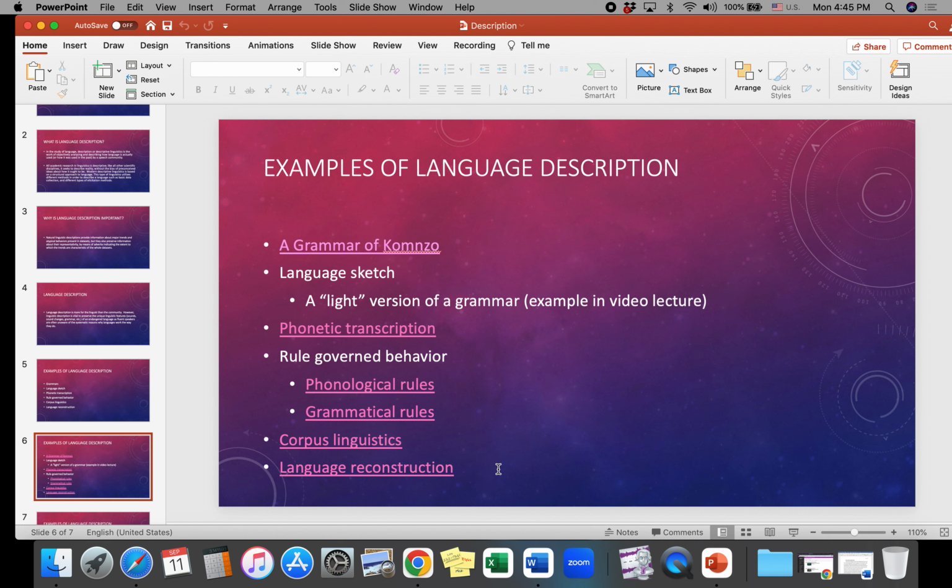So, for example, let's say you are revitalizing a language and you either don't have any speakers or you have very few speakers and they can't remember the word for everything. Let's say they couldn't remember the word for persimmon, right? The fruit.